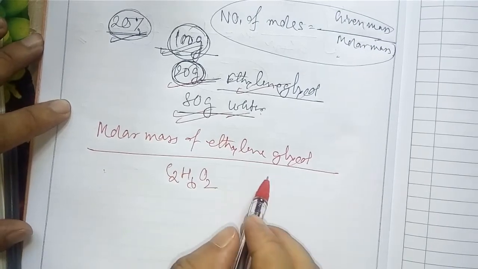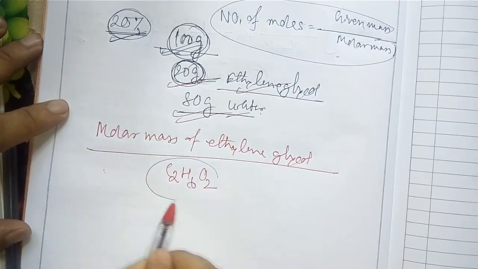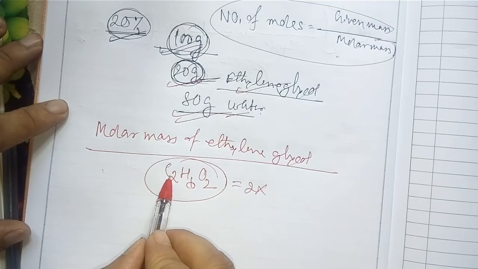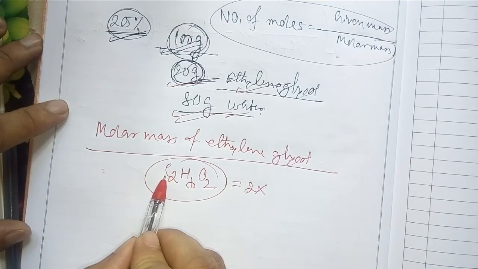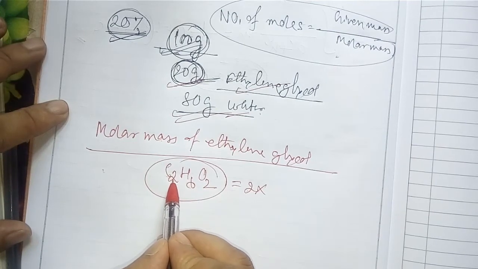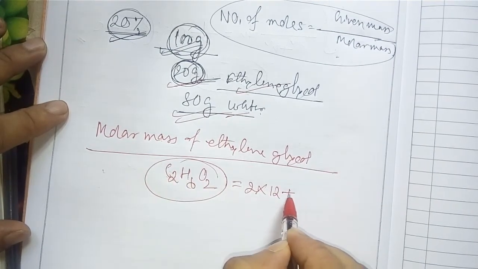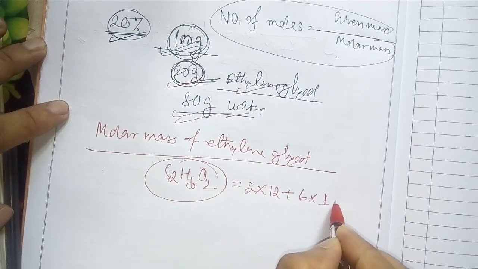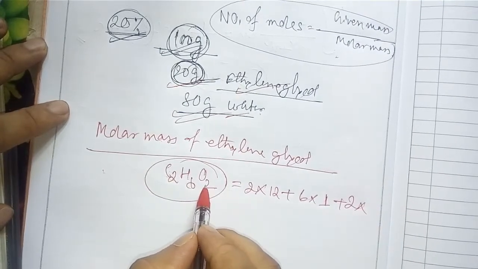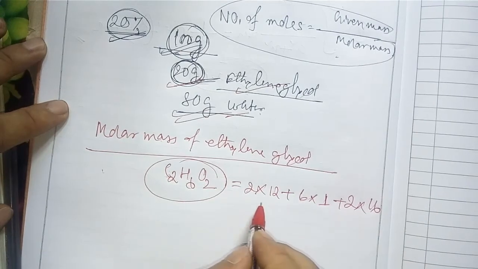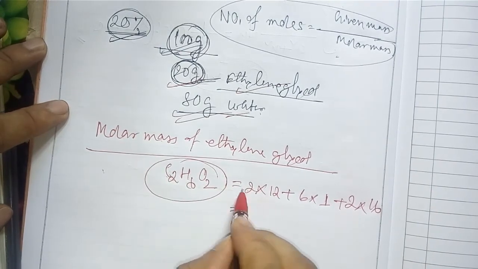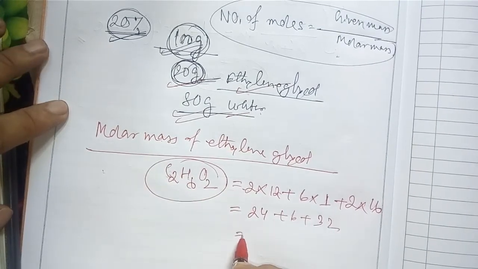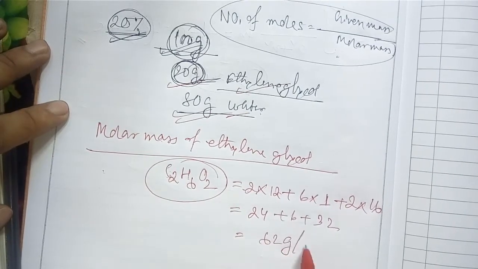Here 2 carbon, and the atomic mass of carbon is 12, plus 6 into the atomic mass of hydrogen, 1, plus 2 into the atomic mass of oxygen, 16. That is 24 plus 6 plus 32, equal to 62 gram per mole.